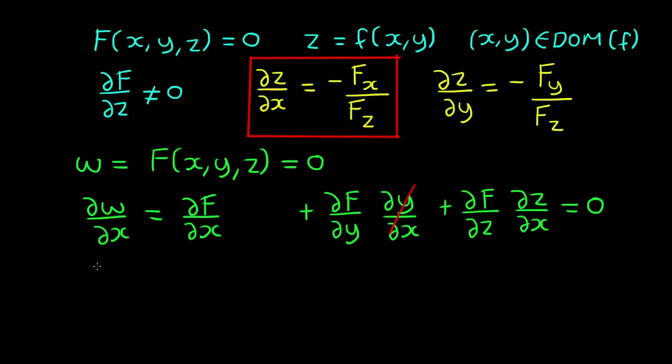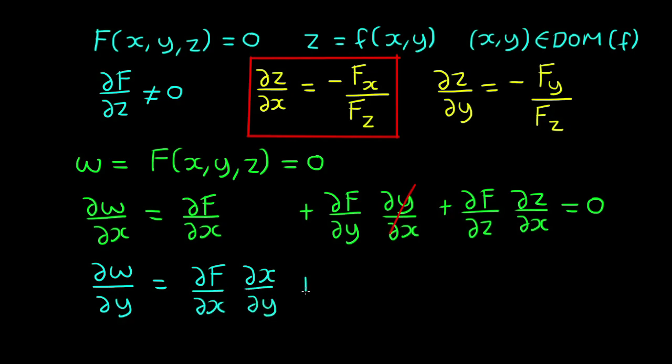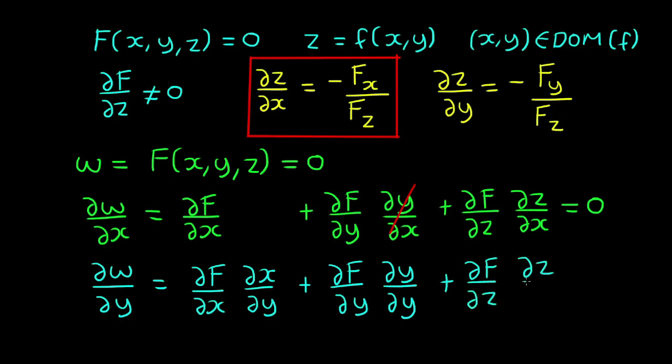And similarly, the partial derivative of w with respect to y can also be obtained using the chain rule. So we have the partial of f with respect to x by the partial of x with respect to y, plus the partial of f with respect to y by the partial of y with respect to y, plus the partial of f with respect to z by the partial of z with respect to y.